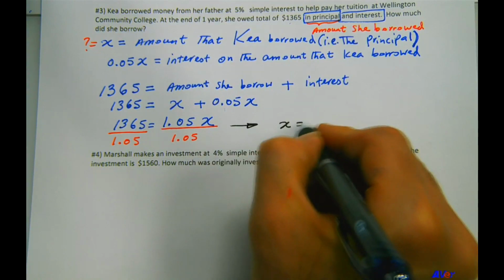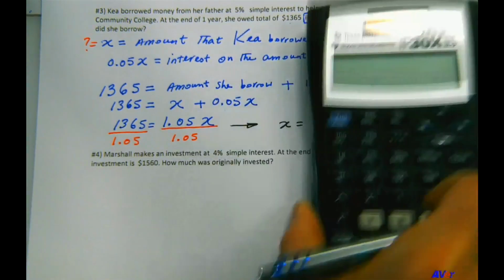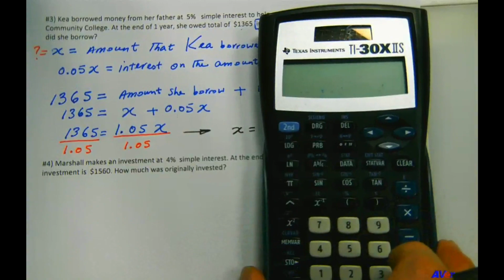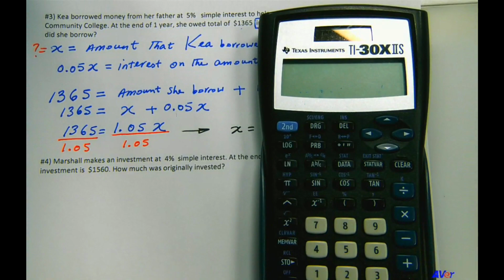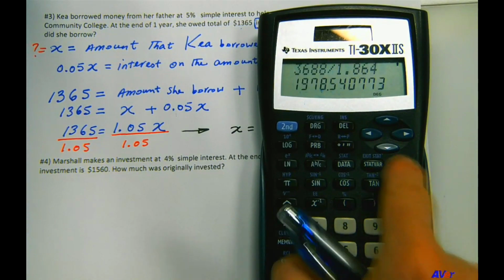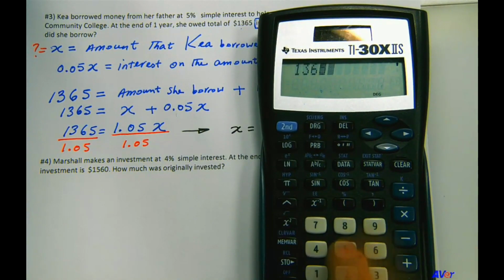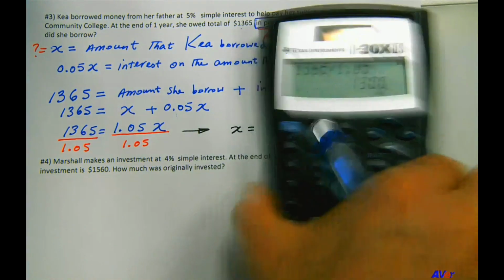So we have x equals 1,365 divided by 1.05. $1,300 is how much she borrowed.